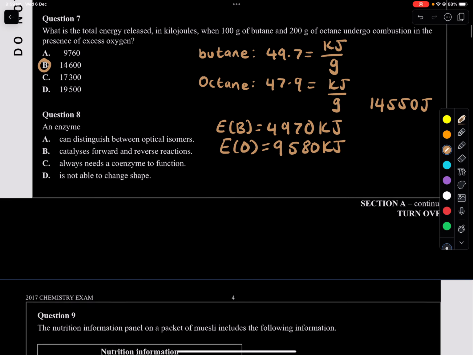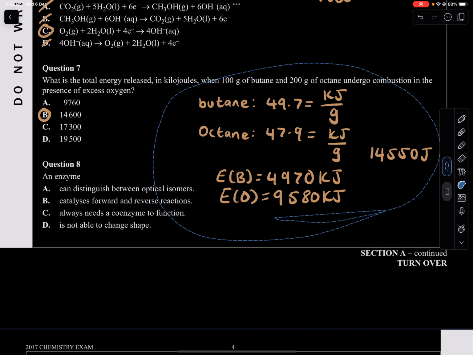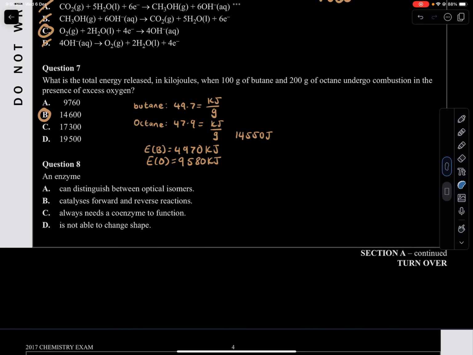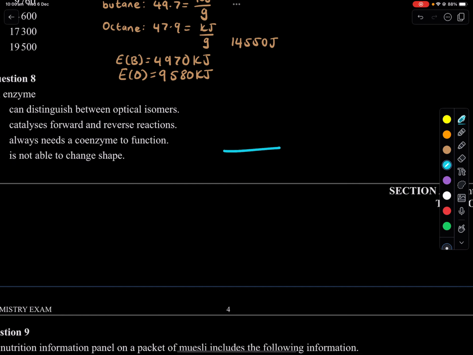Question 8. Let's actually make this little, because we've taken the space quite a lot. So let's put that here. It says, an enzyme can distinguish between optical isomers. Let's check that. So if we have an enzyme, and remember, an enzyme has a specific active site.